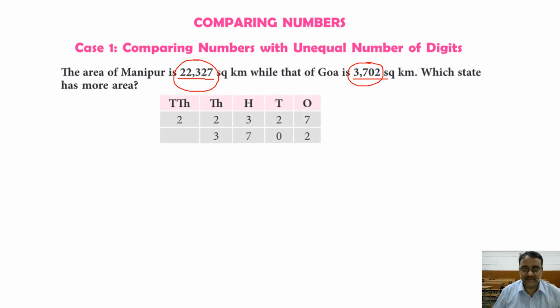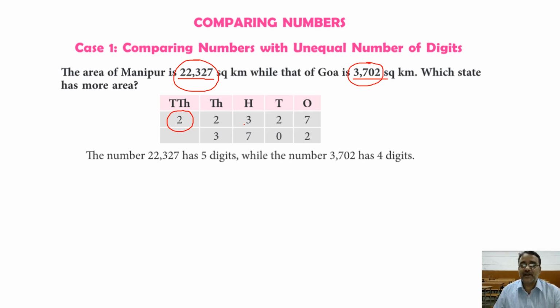See, this is the place chart. इसमें ये वाला नंबर एक्स्ट्रा है, देखो 5 नंबर्स हैं, यहाँ पे 4 नंबर्स हैं. So this number has 5 digits, the second number has 4 digits. So the number having 5 digits is greater, that is 22,327 is greater than 3,702.